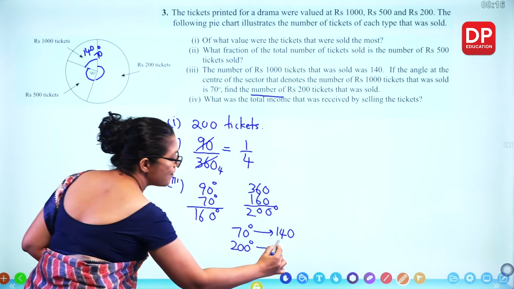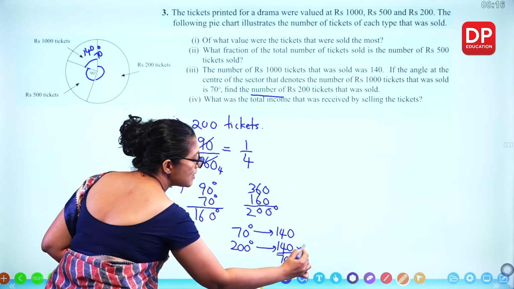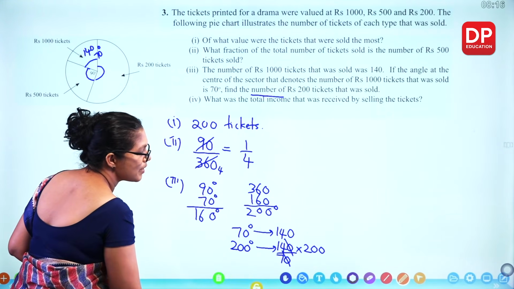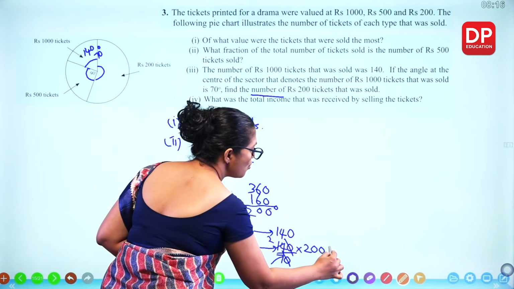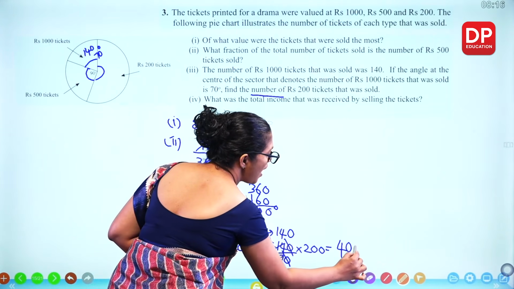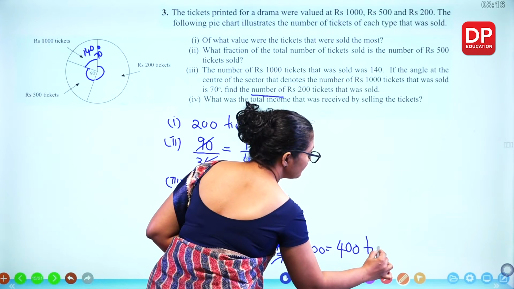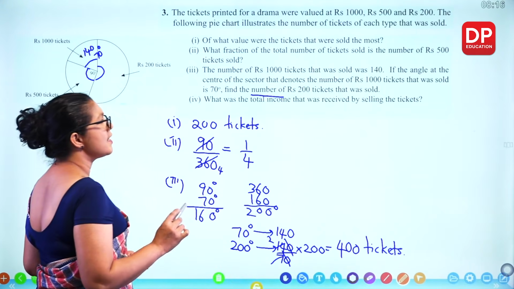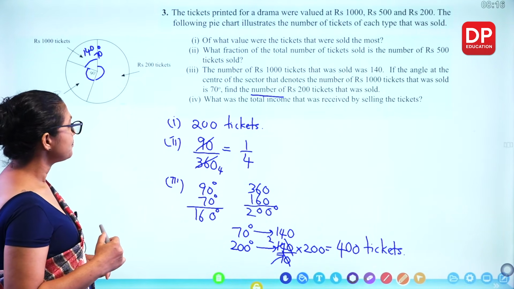So what is that? 140 divided by 70 and multiply by 200. So when you do that, you can see 0 gets cancelled out. 7 times 2. 200 into 2, you get 400. So 400 tickets. But they are 200 rupees price.